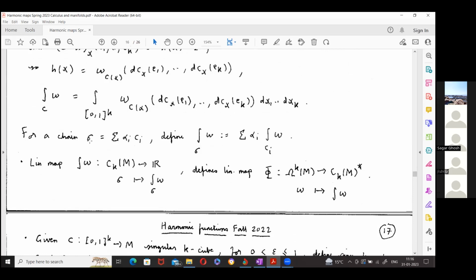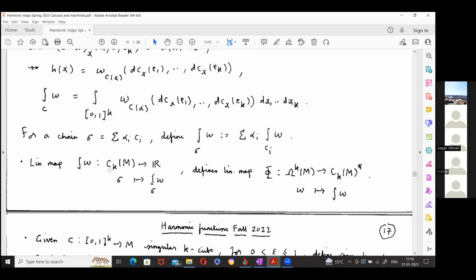Okay, so for a chain sigma equal to summation alpha_i C_i, you define the integral of omega over sigma to be summation alpha_i times the integral of omega over C_i. So this integral of omega defines a linear functional on the space of k-chains, right?